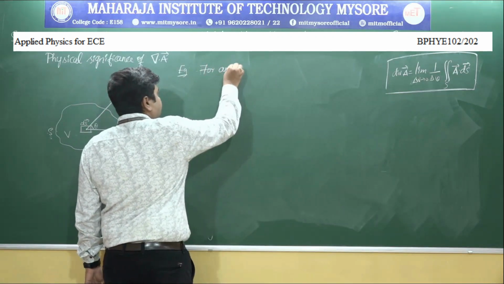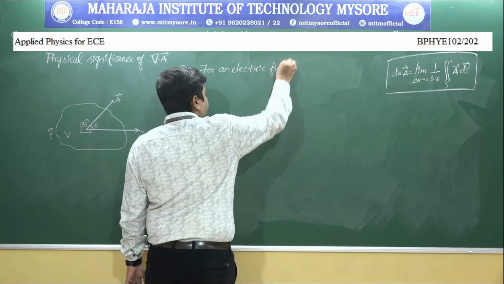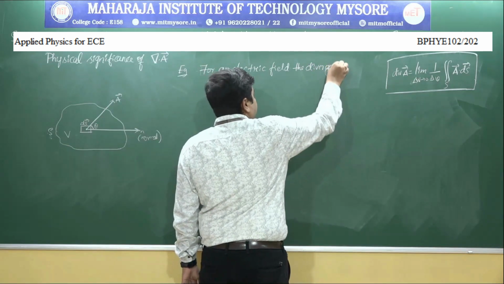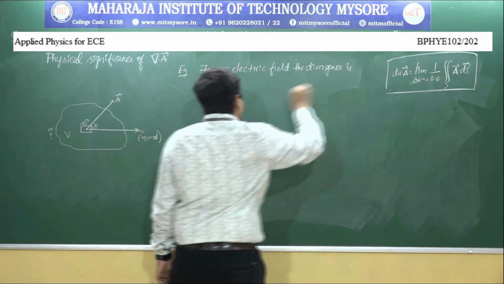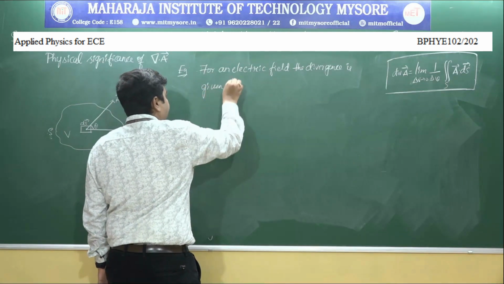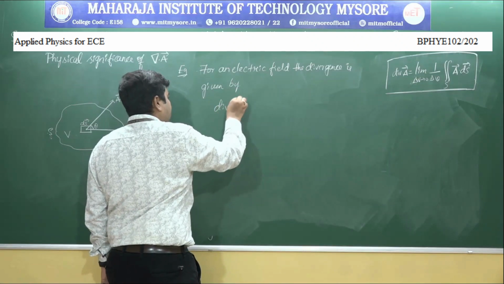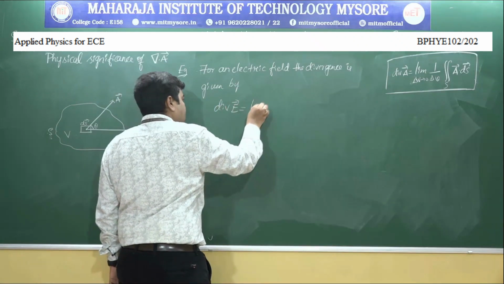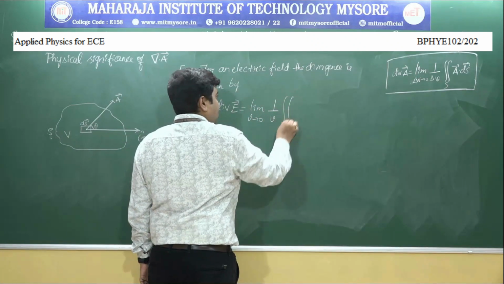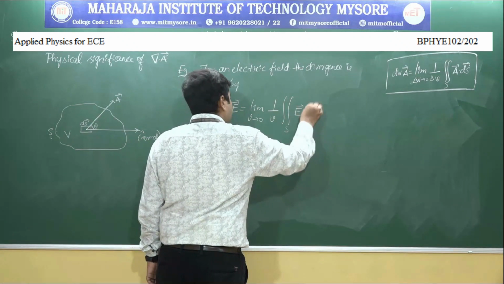For an electric field, the divergence is given by div E is equal to the limit volume tends to 0 of 1 by V times the double integral over S of E dot ds.